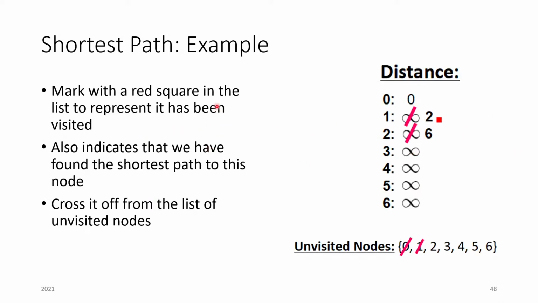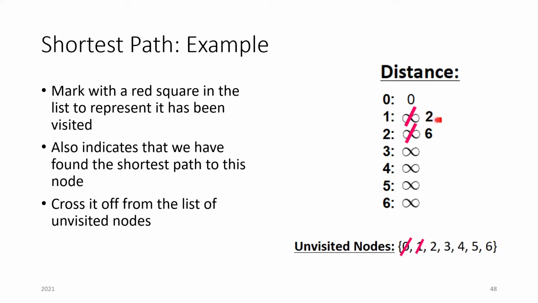Because we have visited node 1 as a result for our shortest path, and we have updated the distances as well, we also indicate with a red square visually, okay, we found the shortest path to this particular node from 0.